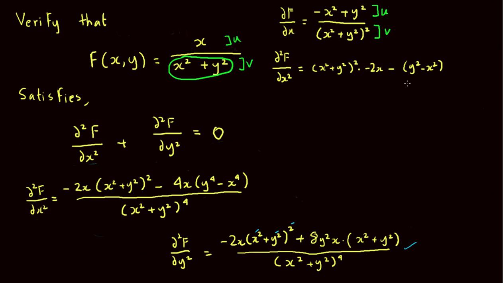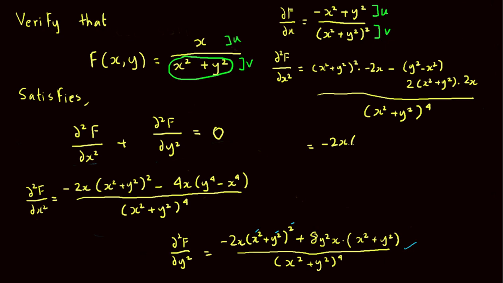Del v del x is just simply 2 times (x squared plus y squared) times 2x, over (x squared plus y squared) to the power of 4. Okay, let's see what happens here. So clearly it's negative 2x times (x squared plus y squared) to the power of 2.